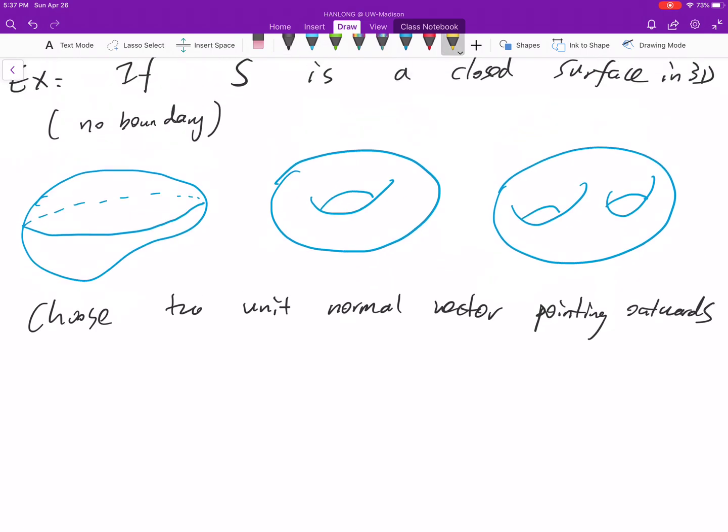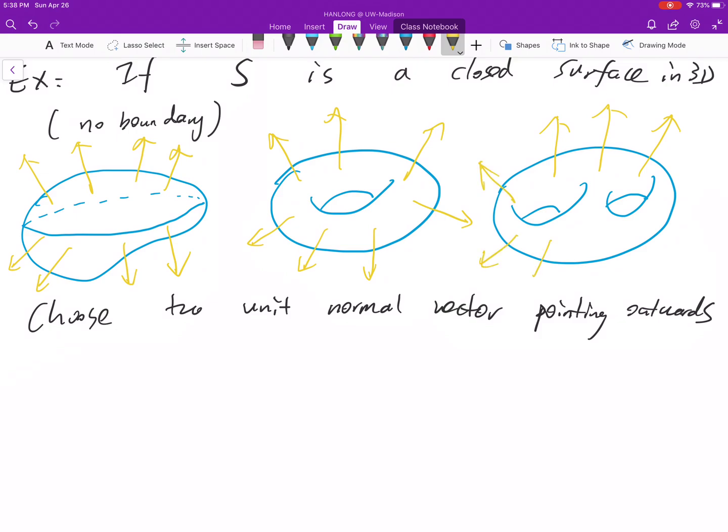Because in all these cases, you separate the whole space into 2 parts, the inside one which is bounded, and the outside one which goes towards infinity. So you can always choose the direction that points outwards, for example. Of course, you can choose inwards, but then you have another orientation. As we said before, as soon as you know one orientation, the other one is easy.